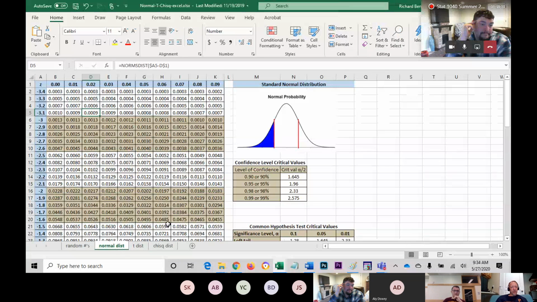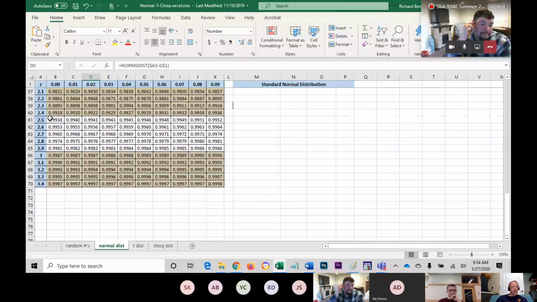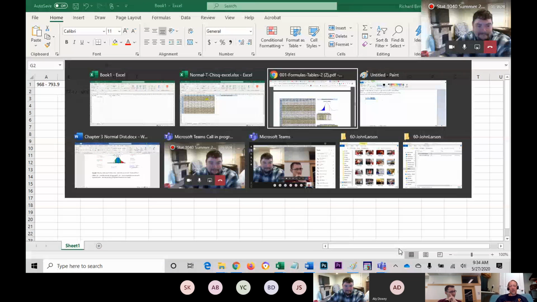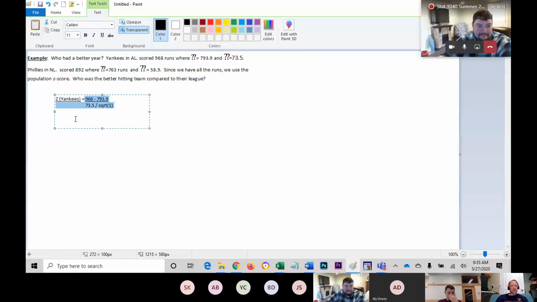Okay, so we've got our normal distribution here. So 2.37 is going to be that number right there. So what we can say is that the Yankees did better than 99% of the teams. So your Z-score equals 2.37, which corresponds to a value of 0.9911.